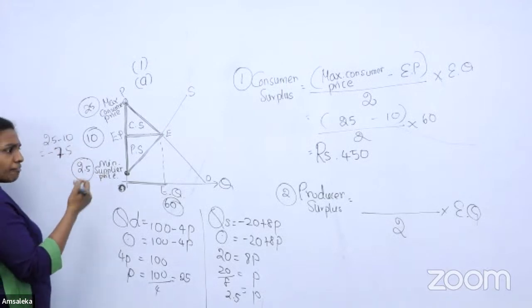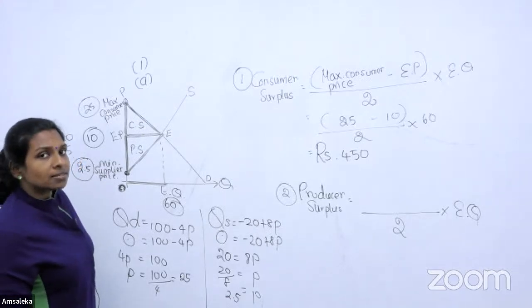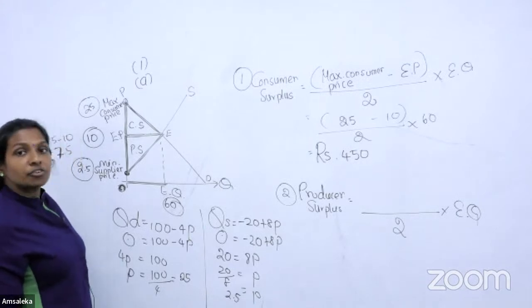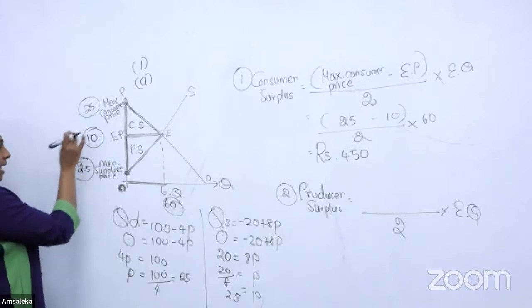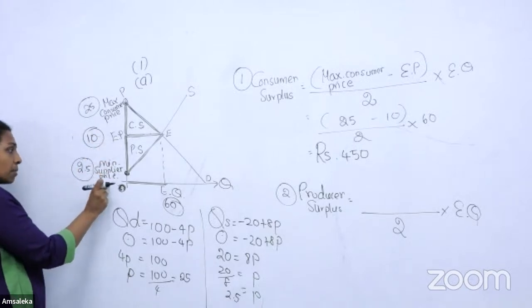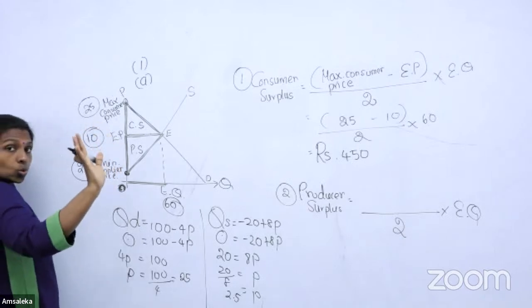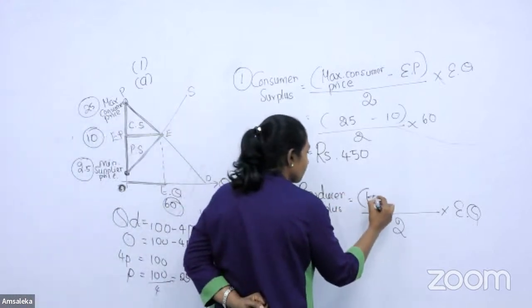We are finding surplus, so can the answer be minus? Never. Surplus comes as positive. Therefore, don't say minimum supply price minus EP. It should be EP minus minimum supply price.